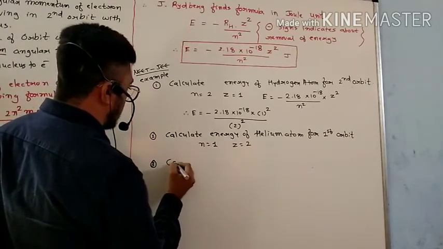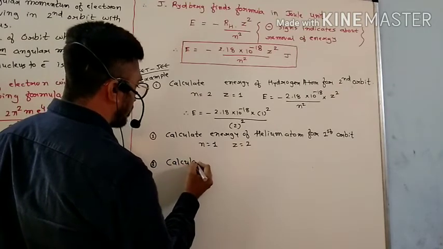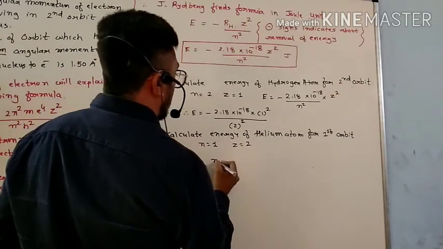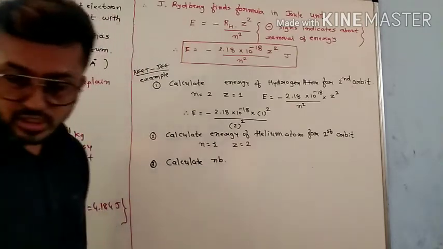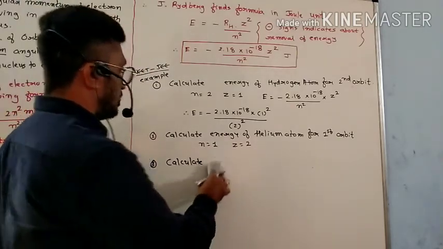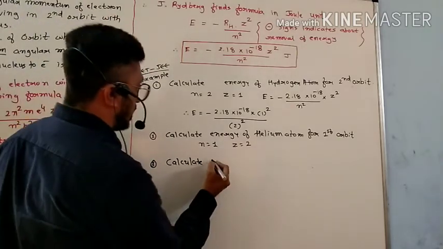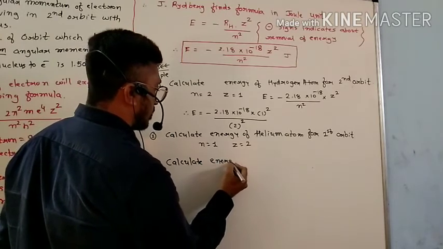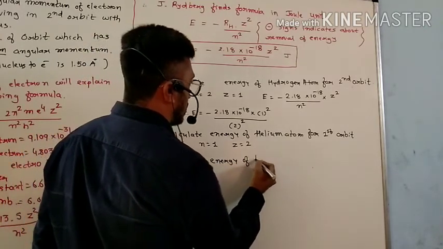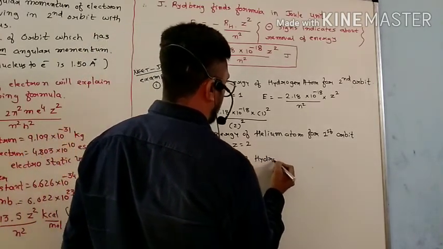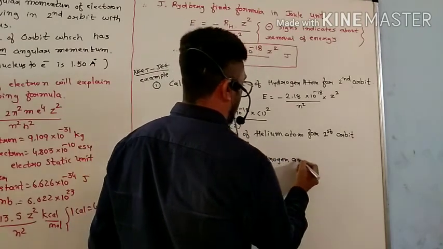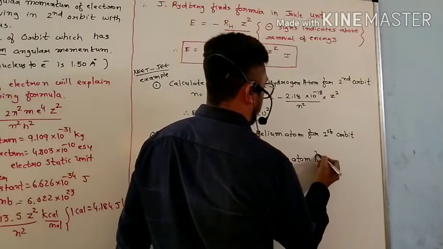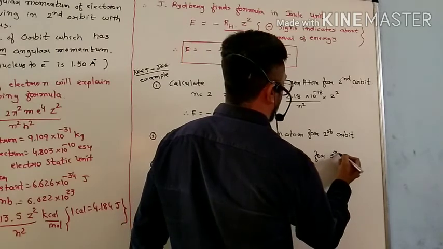Okay, calculate the energy of a hydrogen atom for the third orbit.